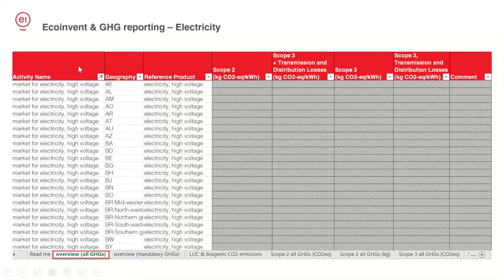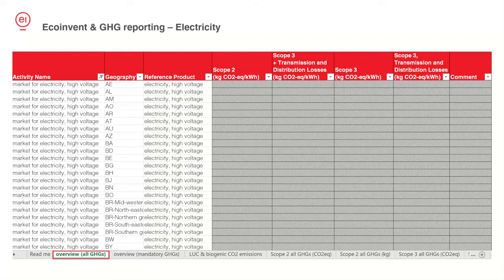So what we can see here is that you have the information on the activity name, geography, and reference product. And then here you would see the information on the emission factors. This is not visible at the moment because this information is only available for licensees.